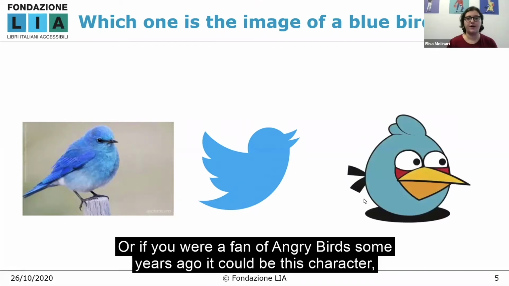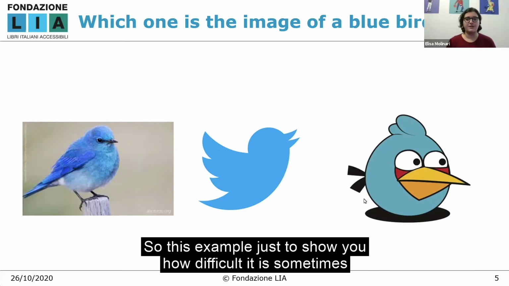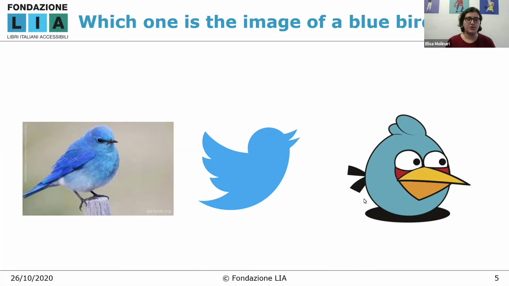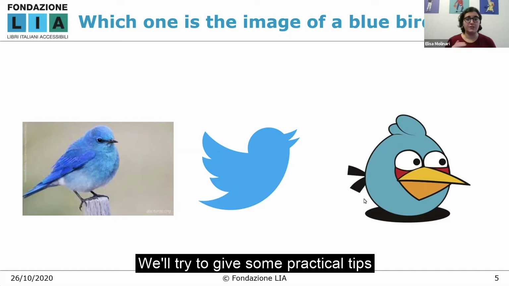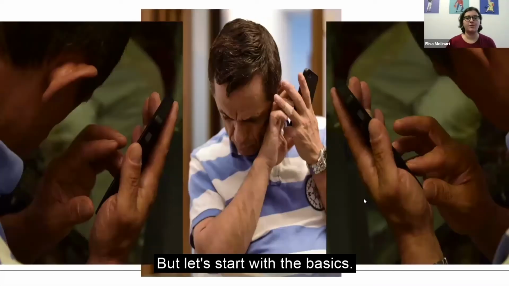Or if you were a fan of Angry Birds some years ago, it could be this character with, again, a blue bird. So this example is just to show you how difficult it is sometimes to find the perfect words for a very specific image. So we'll try to reason about some practical tips that we share ourselves while we have to produce alt text. But let's start with the basics.